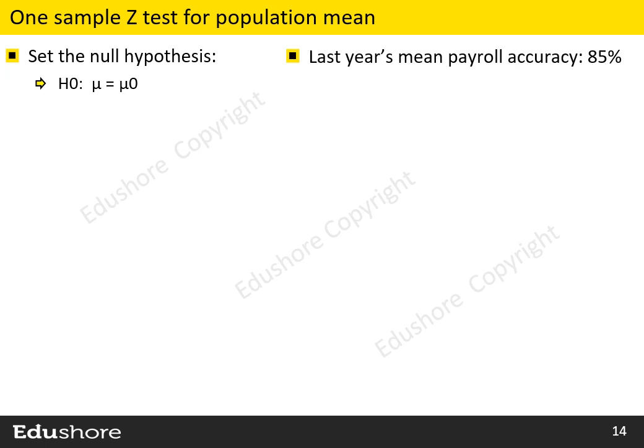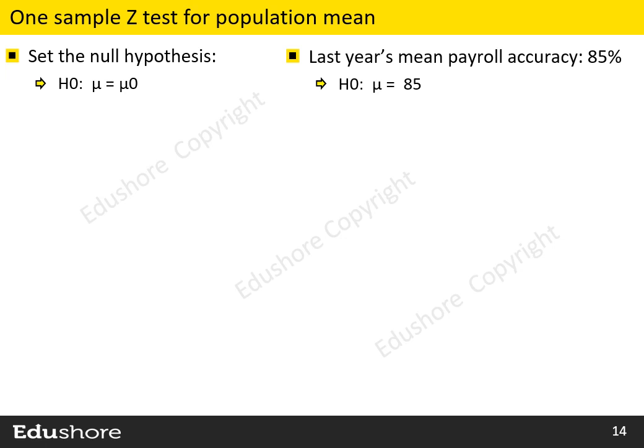So, the null hypothesis statement for this example is this. H0 is mu is equal to 85, which means we are proposing the null hypothesis as the current year's mean, mu, is the same as last year's mean, mu naught, which is 85. In other words, we say there is no change in the mean value.